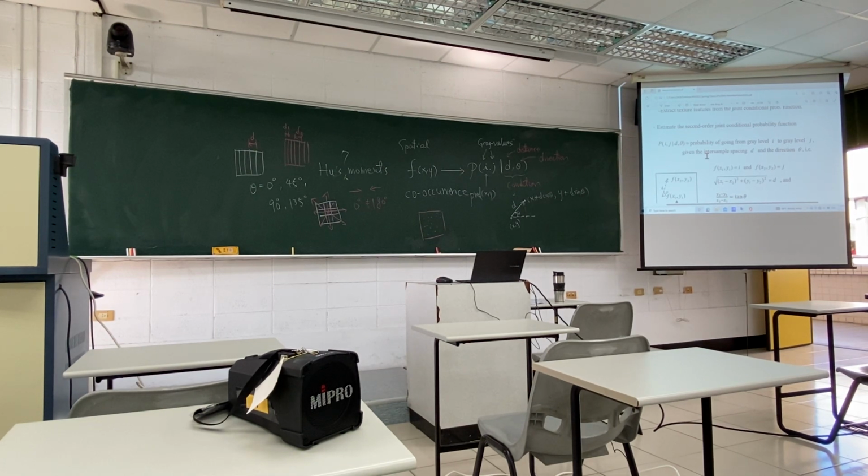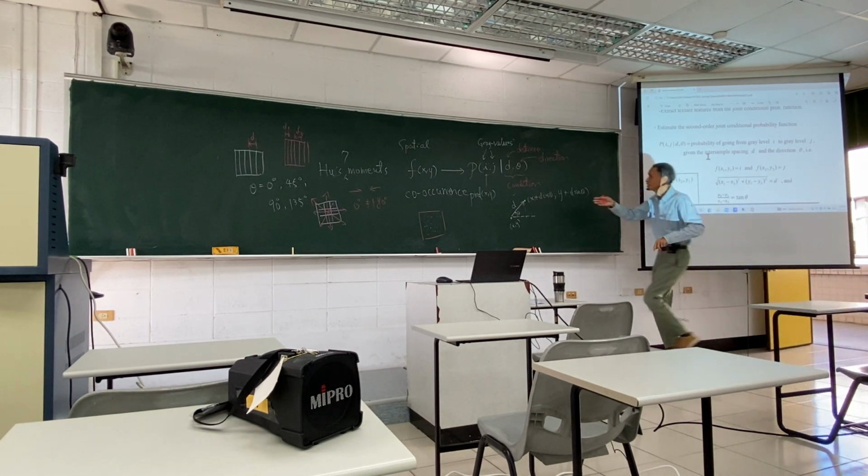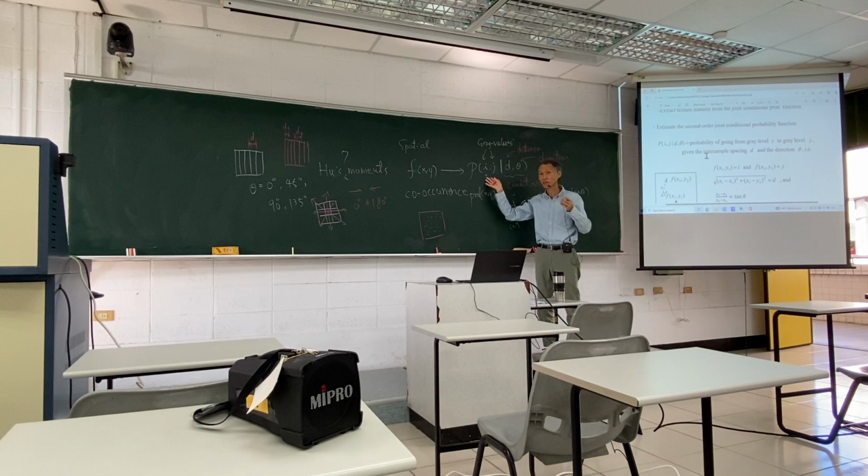Every pixel might have a gray value very close to 255. What will be its neighboring gray level? What will be the j? It has to be also 255, right? Basically, you won't see something else.